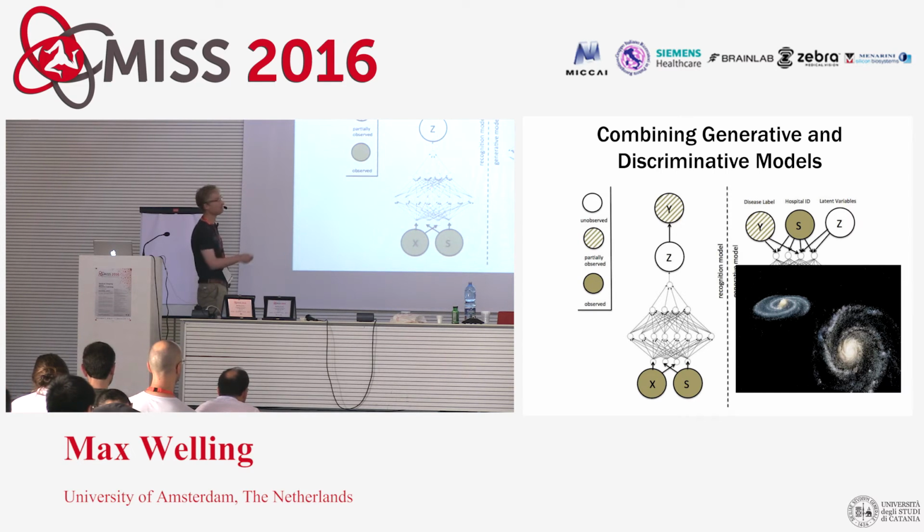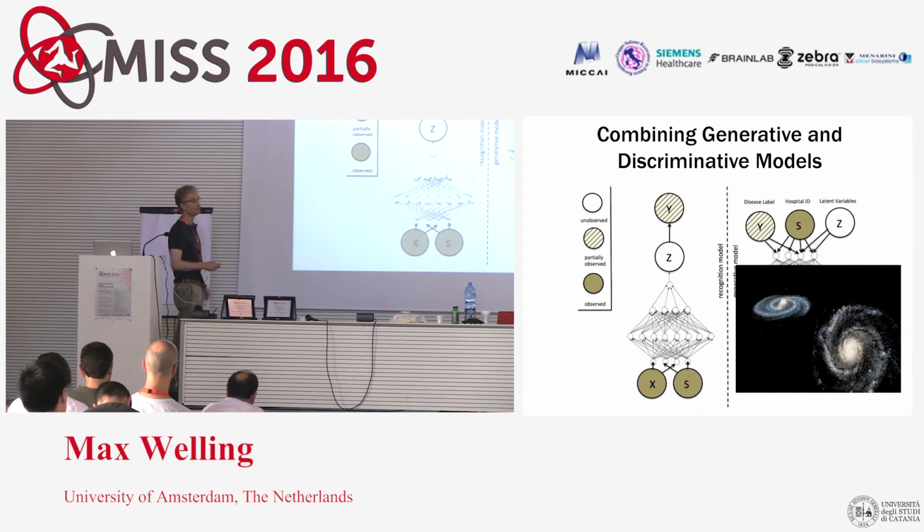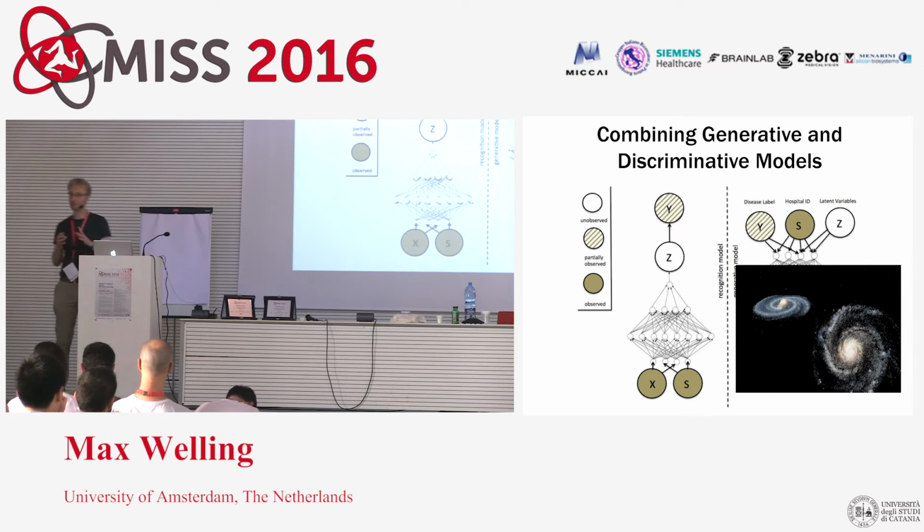And then there is a discriminative leg. This you should think of as your traditional deep neural network that tries to discriminate things. Here, the image goes in, and maybe something like the hospital ID, everything that you have observed goes in. And then there's some deep neural network structure that needs to do two things. The first thing it needs to do is to produce the posterior distribution of that Z. If you think back to what we did yesterday, we had this generalized, or variational, EM algorithm.